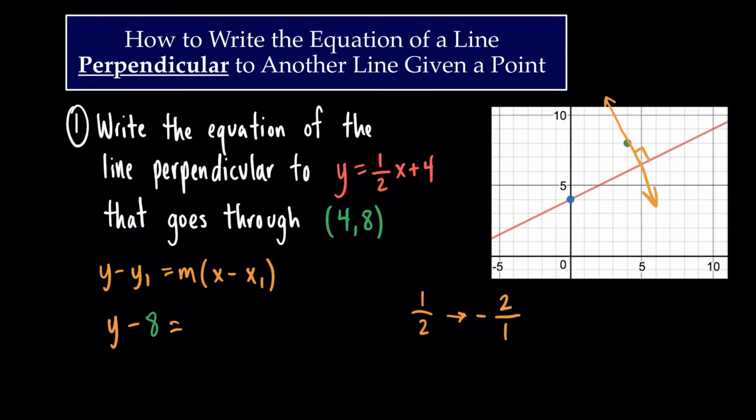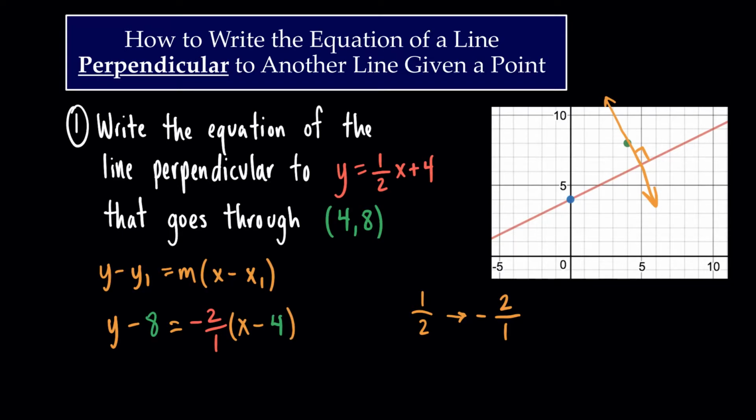So it's going to go down 2, right 1. Let's fill that in there. So that slope is going to be -2/1. And then that's going to be times x minus whatever the x value of the coordinate is that we're going through. So that's 4. So we'll fill out the 4 here.